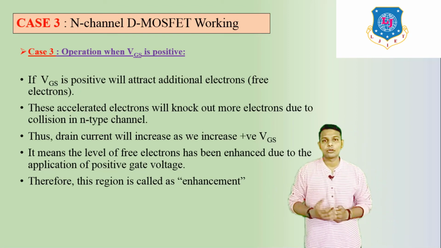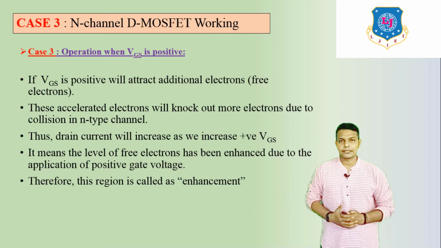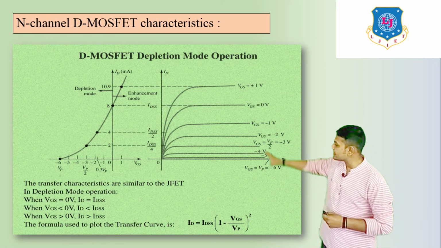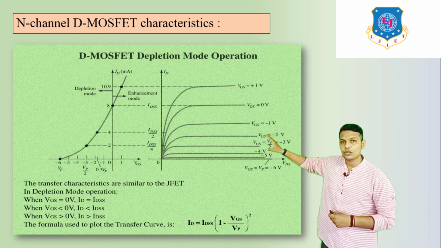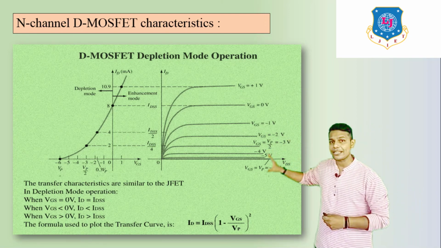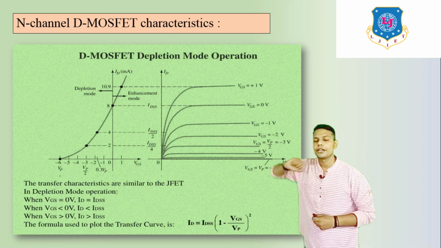So let us discuss about this 3 different types of cases in characteristics. Here we can see this is the characteristics. This characteristics is known as drain characteristics, or we can say output characteristics, and from this drain characteristics we can plot transfer characteristics, which is represented here.